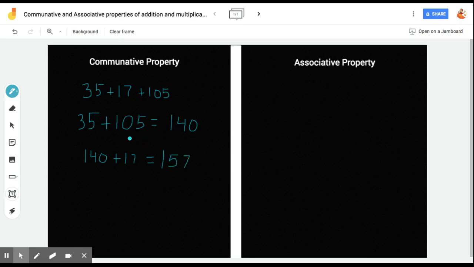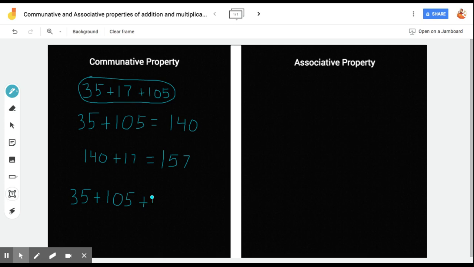So by using the commutative property, I took my expression and used it to add more effectively, and what I did was I just changed it to 35 plus 105 plus 17.